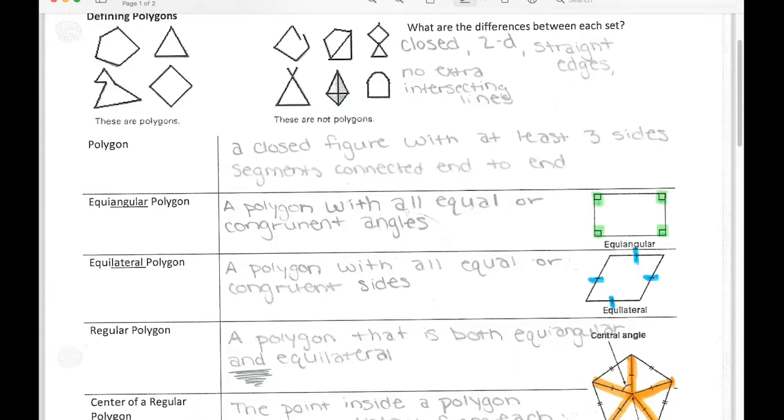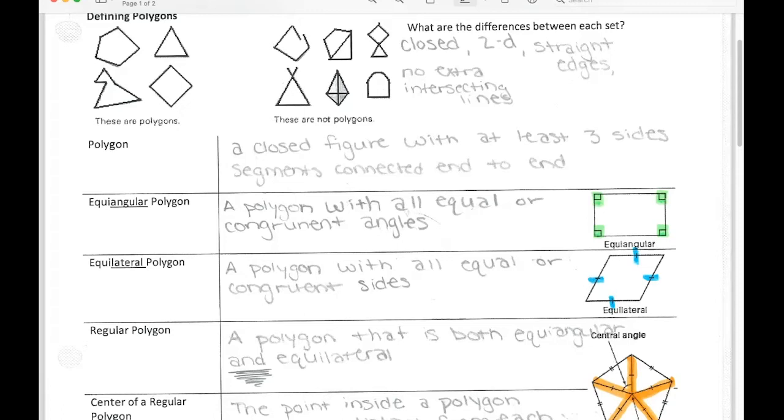Some specific types of polygons: equiangular. That would be a polygon with all equal or congruent angles. So all of the angles are congruent. That "angular" kind of gives that one away. An equilateral polygon has all equal or congruent sides.